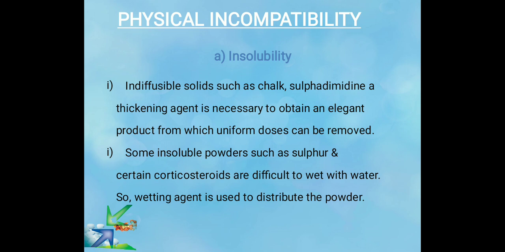So as to dispense such a preparation, a thickening agent is required to obtain an elegant product from which a uniform dose can be removed. Some insoluble powders such as sulfur and certain corticosteroids are difficult to wet with water because of their amorphous characteristics or their physical appearance. So in such cases, a wetting agent is used to distribute the powder.